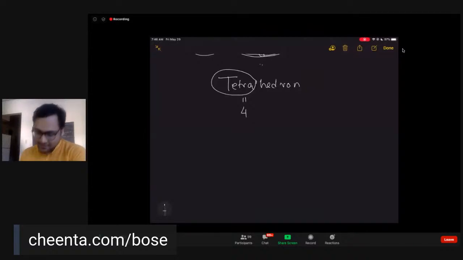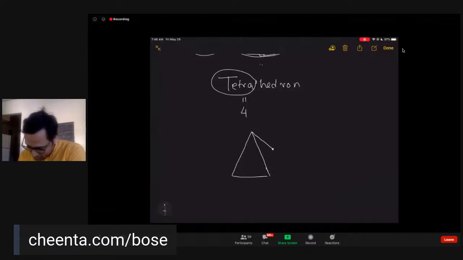What you do is you start by drawing a triangle. And then you mark another point. And then you can join that point with the three vertices. So let's name them. How many corners are there in this tetrahedron? How many corners are there in total?